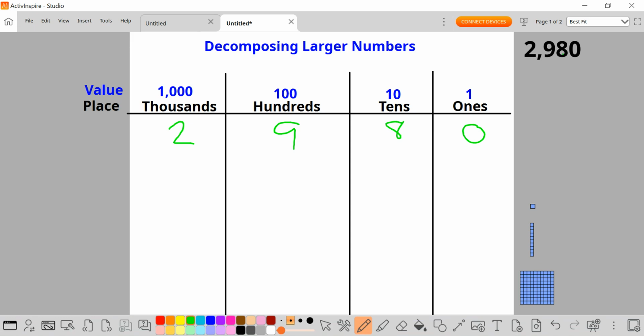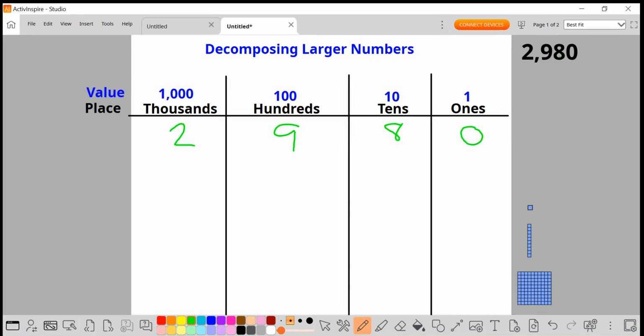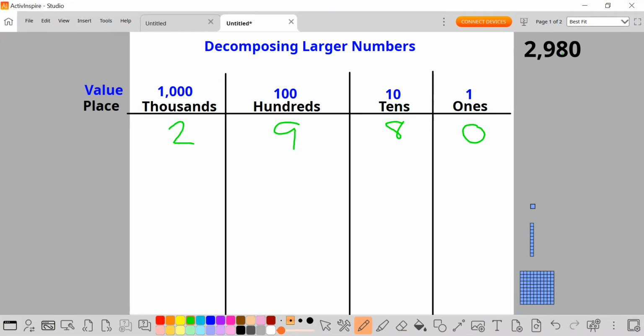Now you can break this number down further. So let's look at changing out a 10, or changing out 100, or changing out 1,000. To change out our tens place, I can take a 10 away from here to have 7 tens.